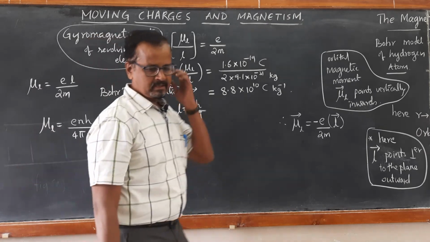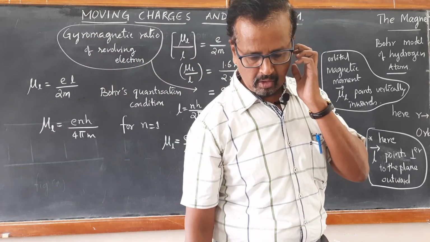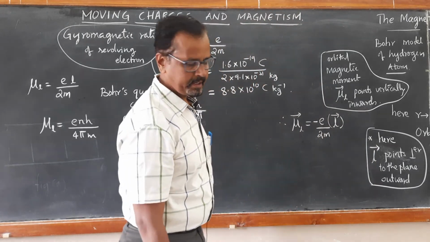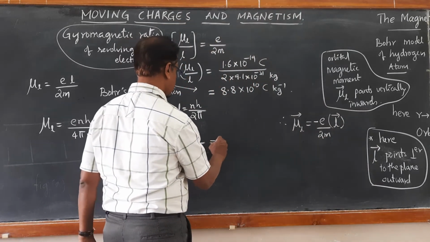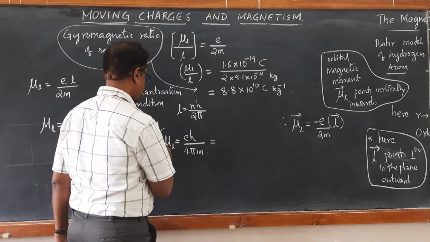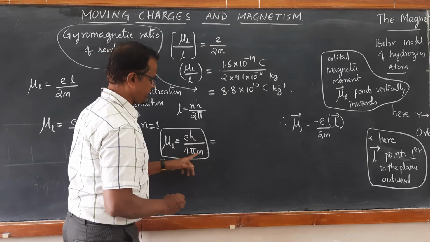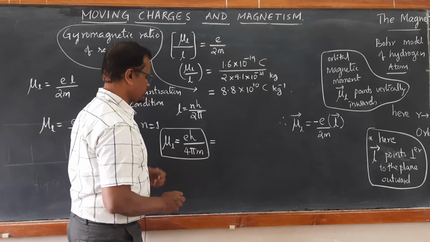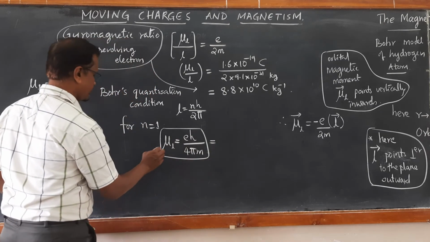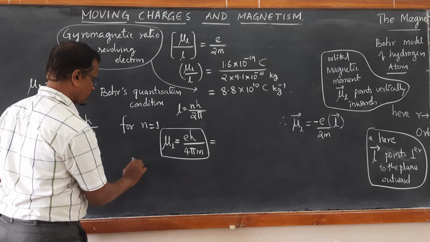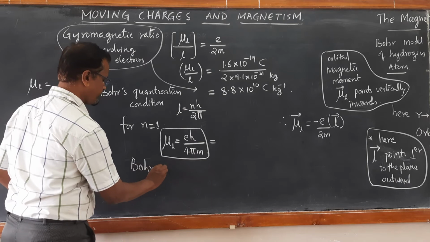This is called the Bohr magneton, eh upon 4 pi m. If you substitute the values of the charge of the electron, Planck's constant and mass of the electron, we get the magnetic moment of the electron in the first orbit, called the Bohr magneton.